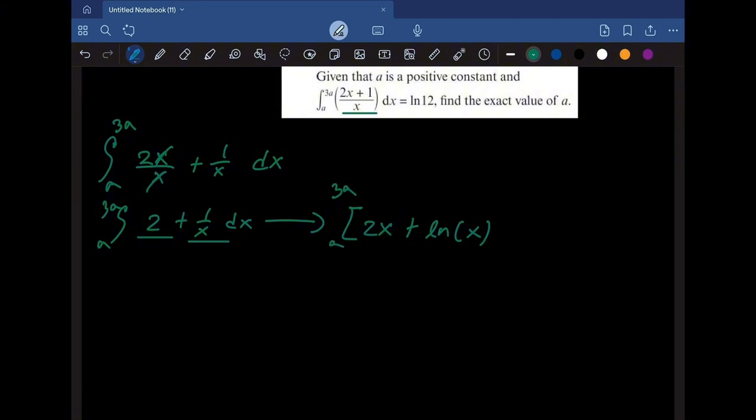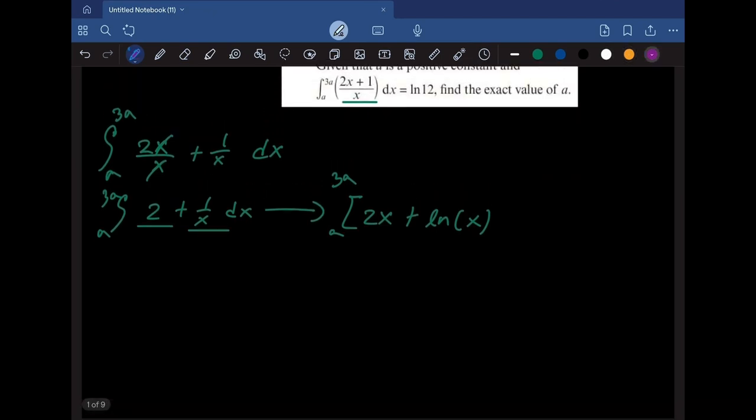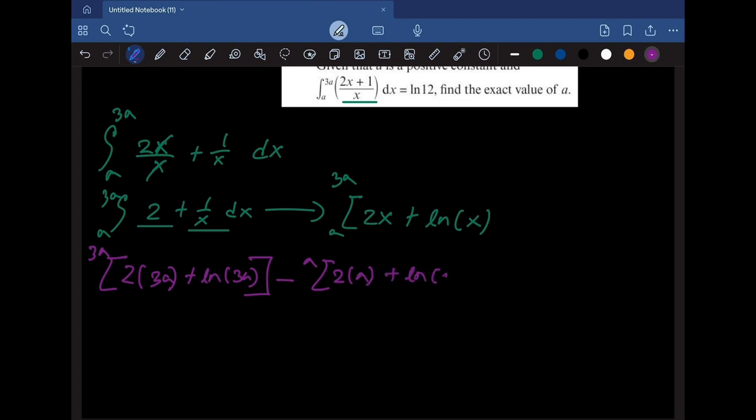Now we'll write them down using the maths: 2 into 3a plus ln 3a, minus 2a plus ln a. Now it becomes 6a plus ln 3a minus 2a plus ln a.